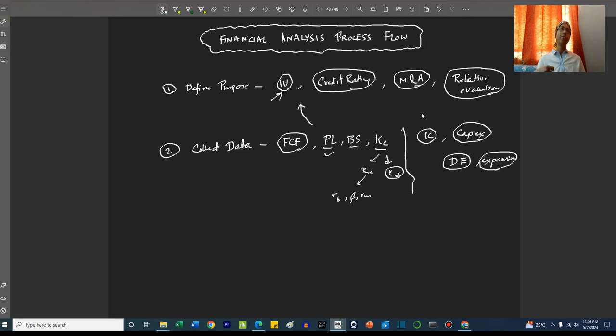We need expansion plan, capex, debt to equity ratio, and interest coverage first when doing a credit rating. In case of intrinsic value, we need to find out the free cash flows. For that, obviously, we need the capex data, but for interest coverage and all these things, we just take a look at whether they are okay or not. We may not go straight into the depths of it, such as what the interest coverage will be in the future. That projection may take a backseat for a while when you are looking at intrinsic value.